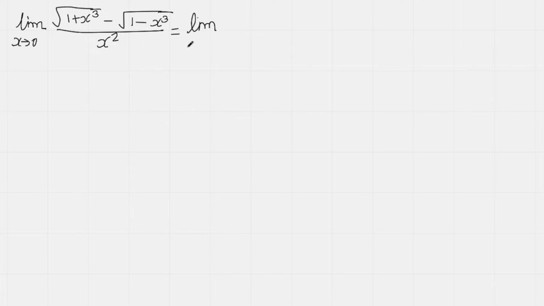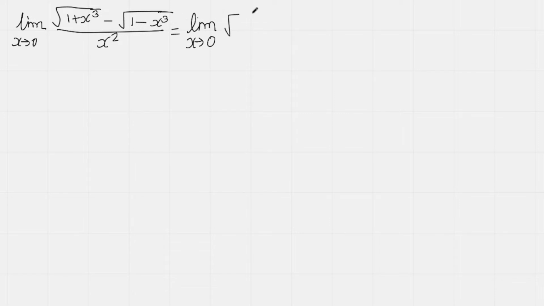So this is equal to limit x approaches 0. To simplify this, we need to multiply numerator and denominator both by the conjugate of the square root of 1 plus x cube minus square root of 1 minus x cube.